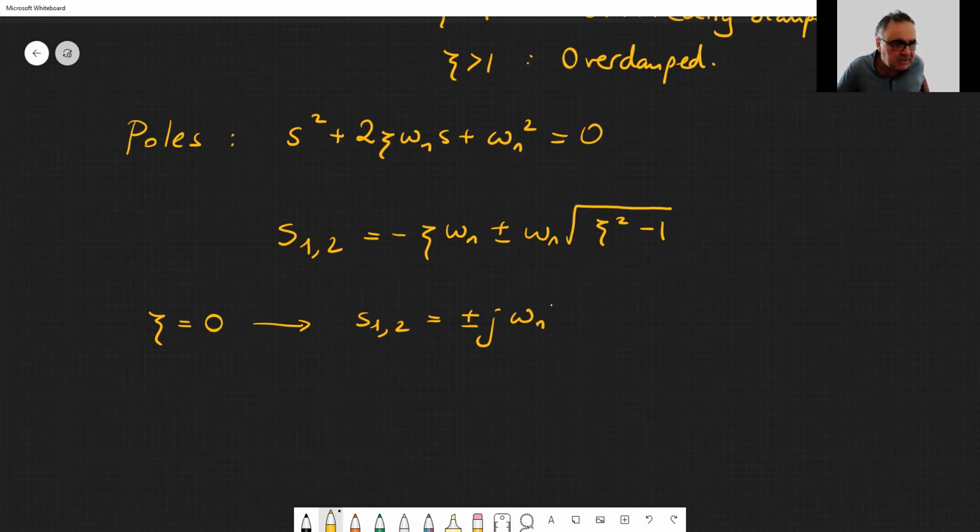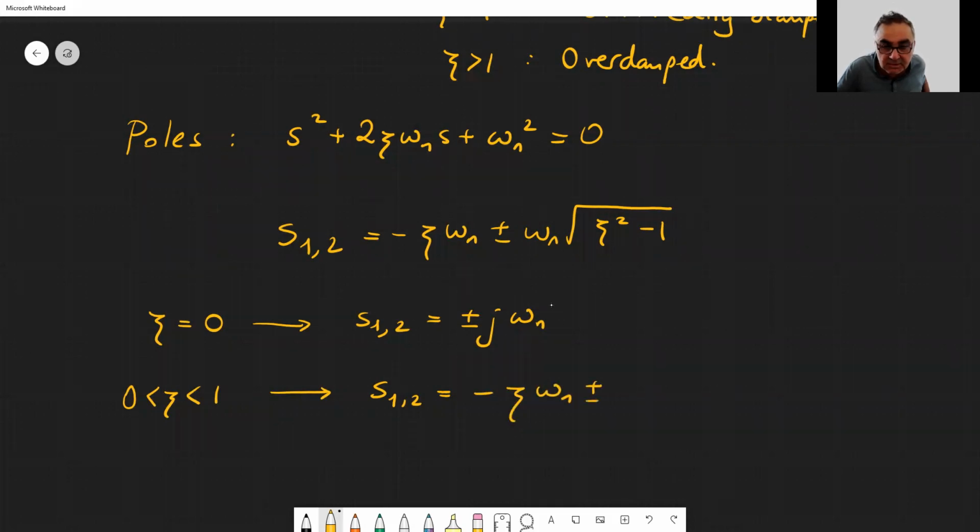And if zeta is in between, let's say, 0 and 1, s1,2 is minus zeta omega n plus minus, again, j omega n root 1 minus zeta squared. As you see, since zeta is less than 1, the term inside here is an imaginary number.